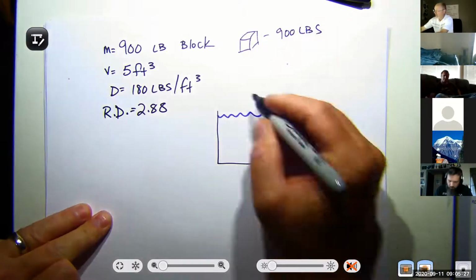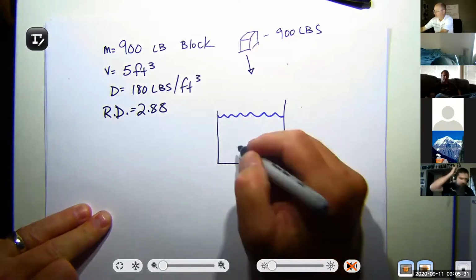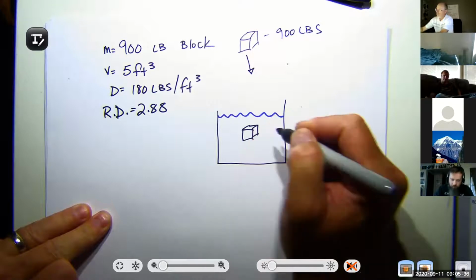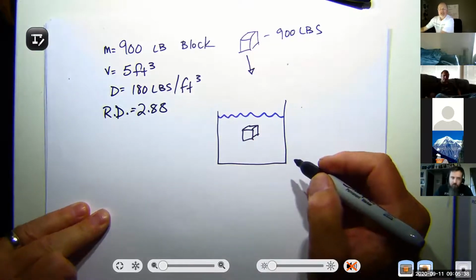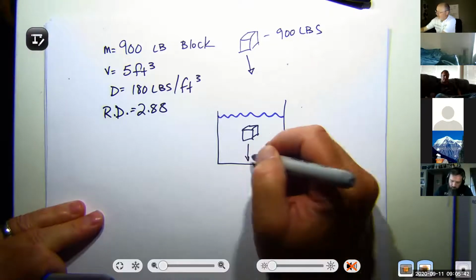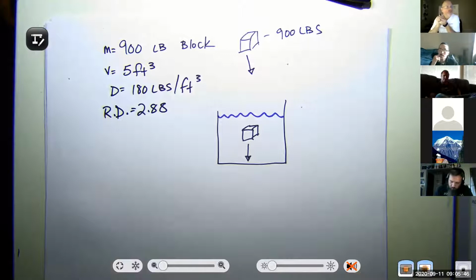Okay, and if I take that and I put it in the water, now we know it's heavier than water. It will sink, right? But listen, it's not going to weigh 900 pounds when it's in the water.